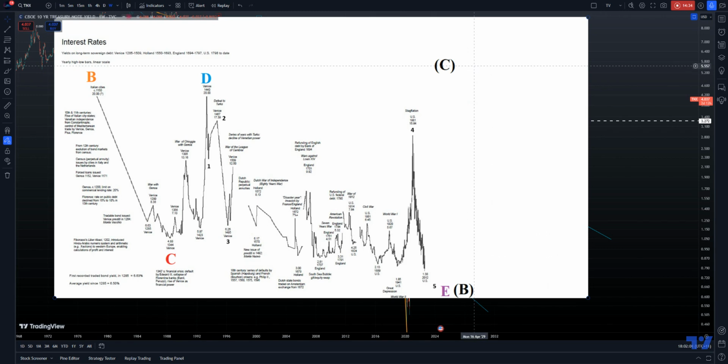And the rule is that it has to make one high above all previous corrective patterns, right? So therefore, what we're looking at here is basically at least 20% interest rates.